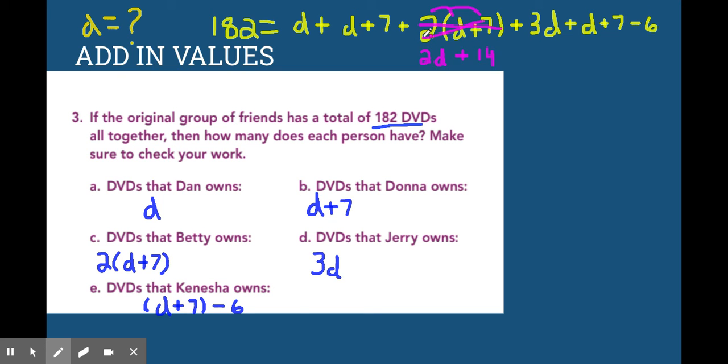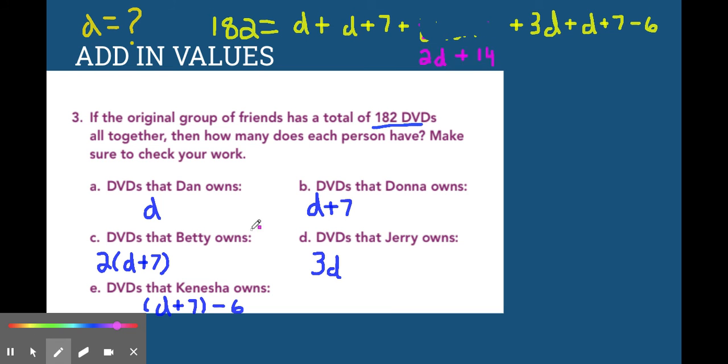So this part is gone. Now what I have here, after I've distributed that out, is D plus 7 plus 2D plus 14 plus 3D plus D plus 7 minus 6.